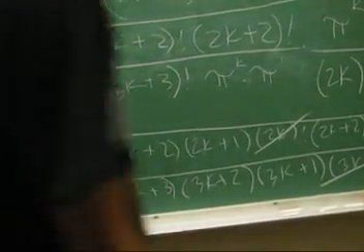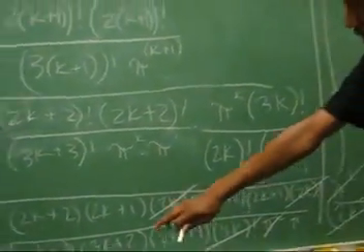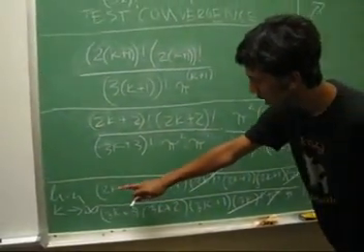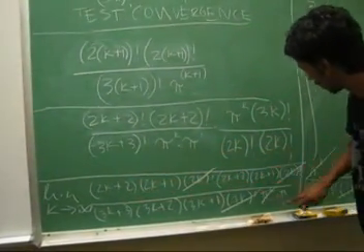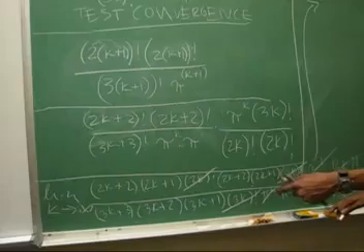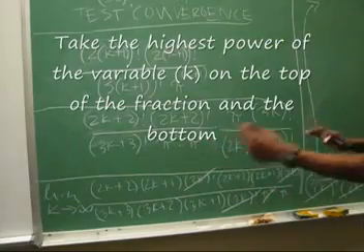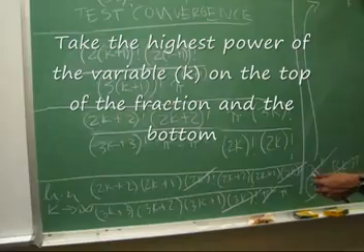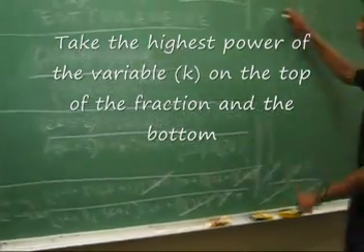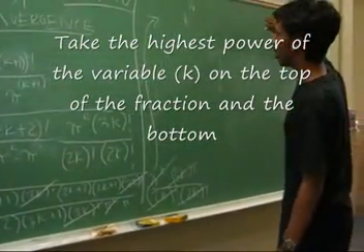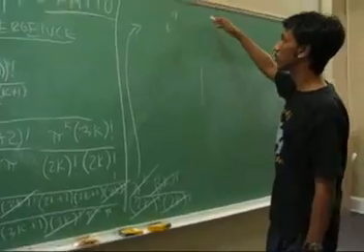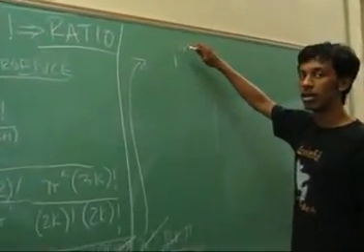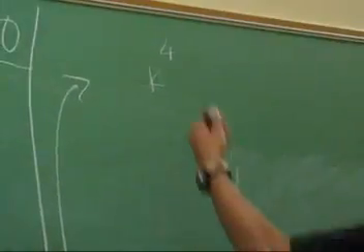Let's look at the k's: 1, 2, 3, 4. If you multiply all of them and factor it out, you will get k to the 4 at the top, and some constants and a lot of variables that have a lower power.